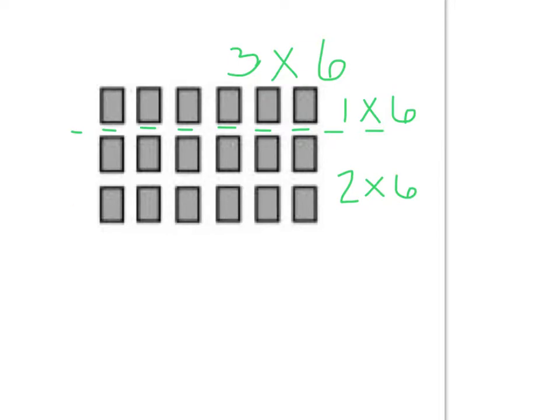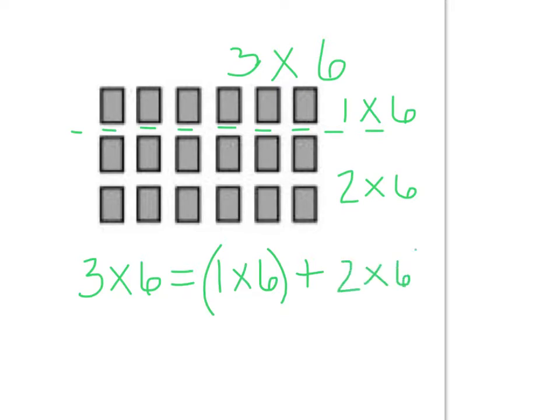3 times 6 equals my two multiplication problems that I just broke my array up into. So 3 times 6 equals 1 times 6, and I'm going to place that in parentheses, plus 2 times 6 in parentheses.